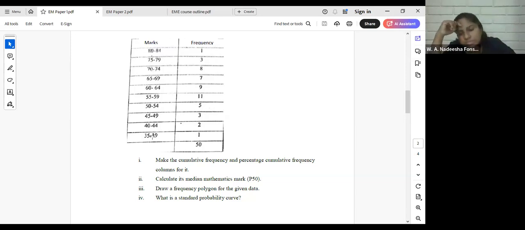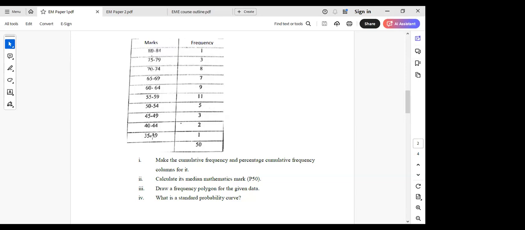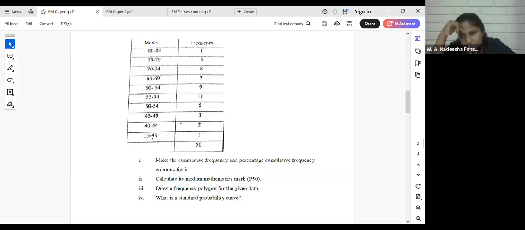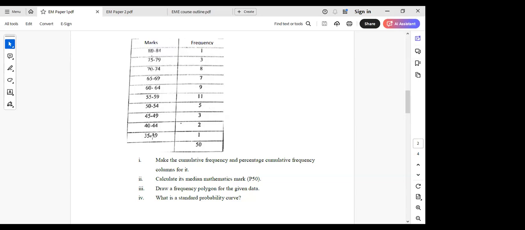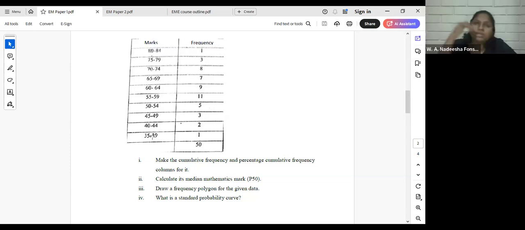The second method: only the values we mark and get the polygon. Yes, only the mid values. In the x-axis, your mid values should be there, and the frequency.